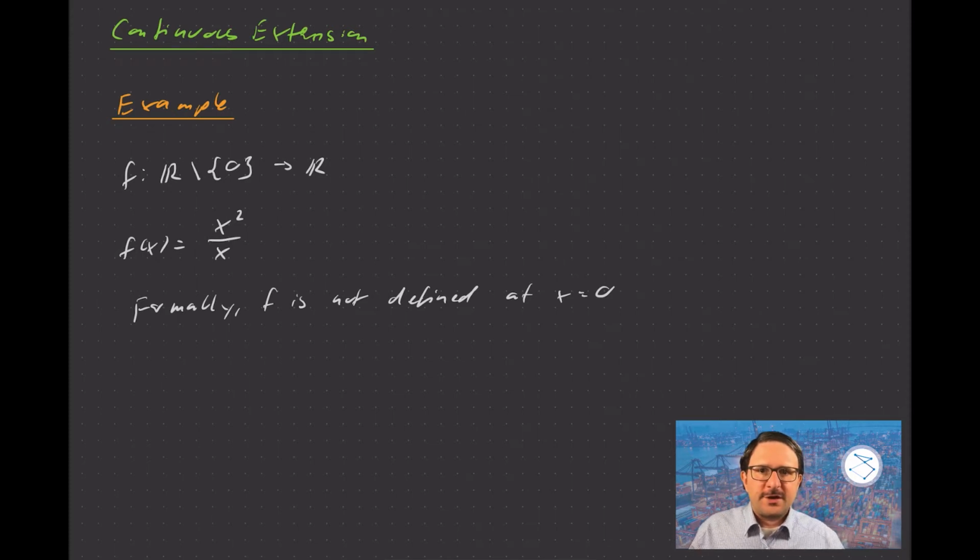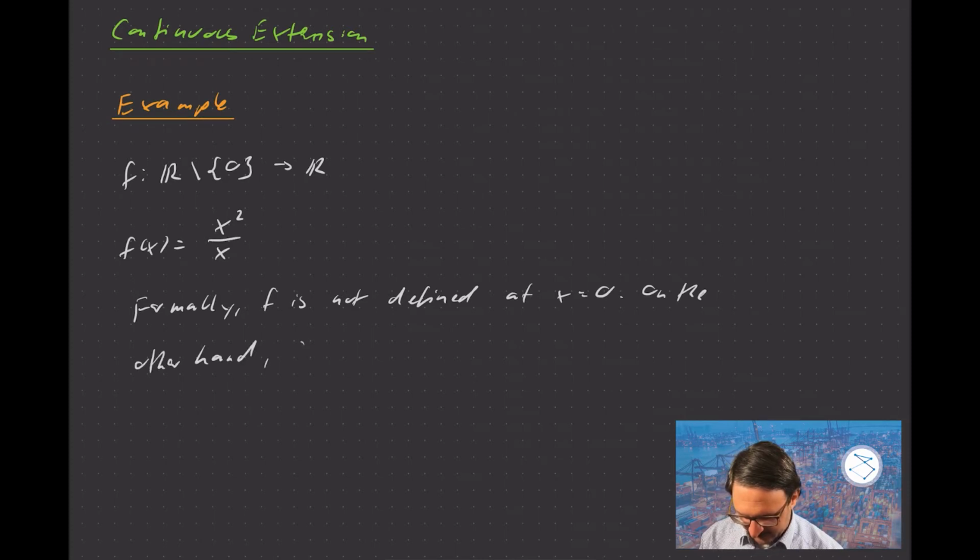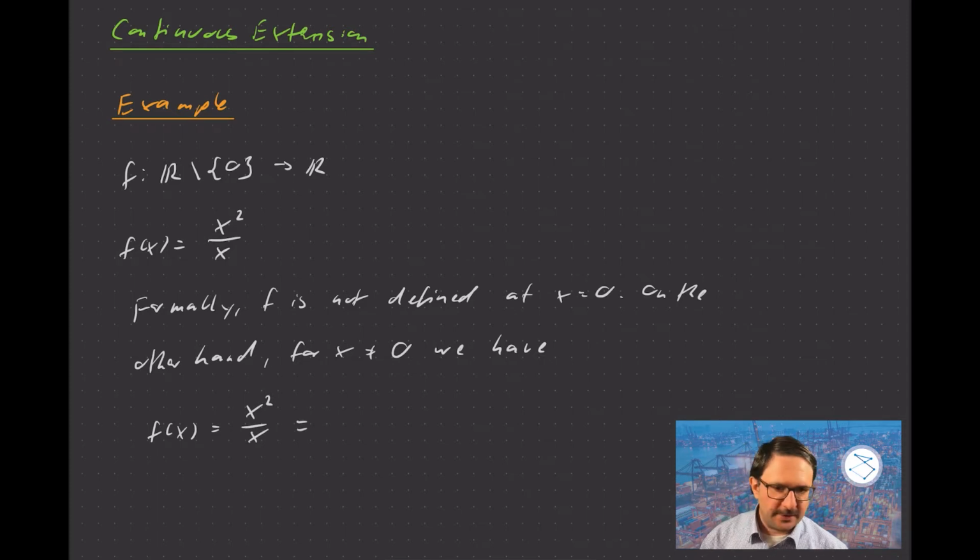But of course, as long as x is not 0, we can easily simplify that function term. So on the other hand, for x not equal to 0, we have f of x is equal to x squared over x, and we can easily cancel out x.